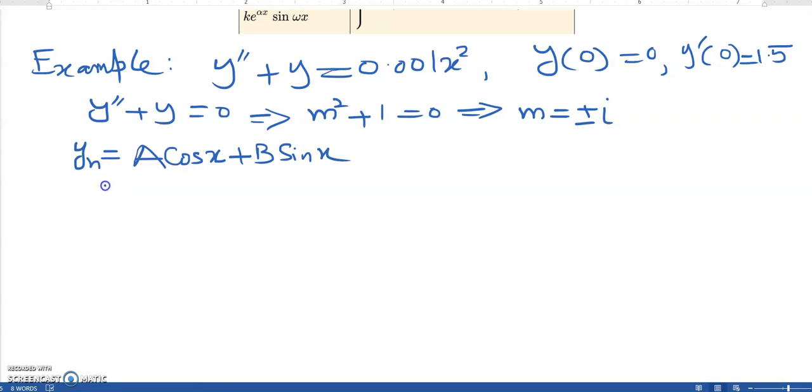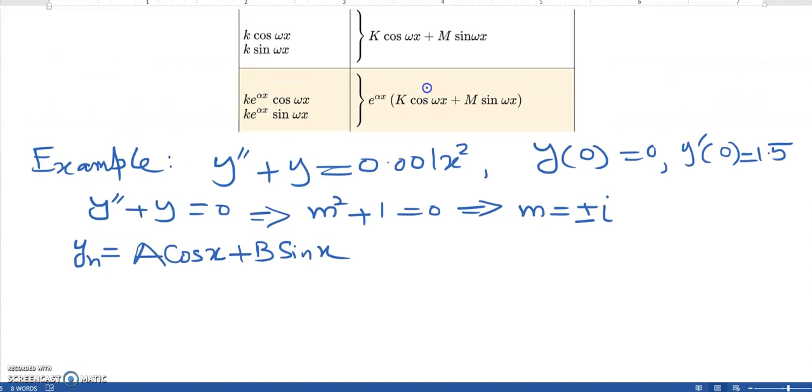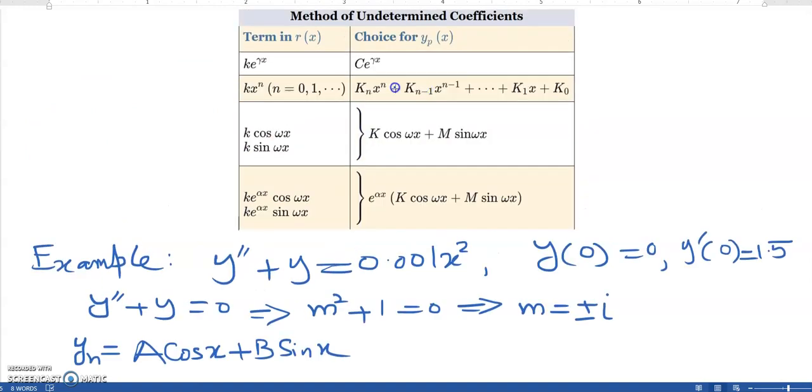So let's come to the particular solution. For the particular solution, we will need to see this r(x) term. This r(x) term is a polynomial. If it is a polynomial, its solution will be represented in this manner. Starting from the polynomial's highest power, we will decrease the power by 1, and in the end there will be a last term with power of 0, x to the power of 0.